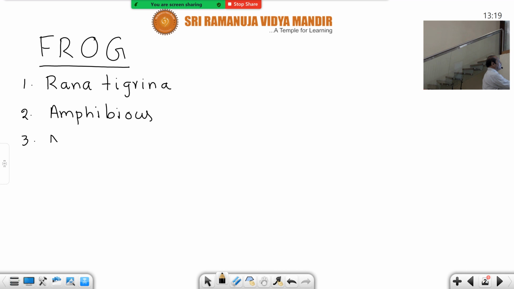So there is no marine habitat for frogs. Whenever you come across amphibia, immediately remember frog. So no marine habitat for all the amphibians, not only frogs. And this is a noteworthy point, an understanding type question.